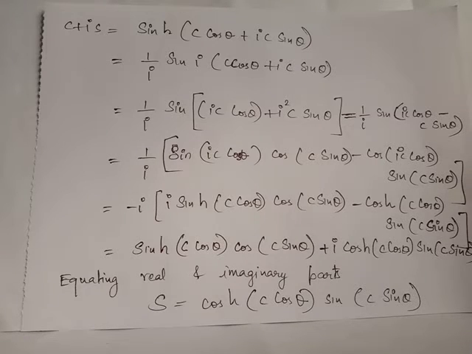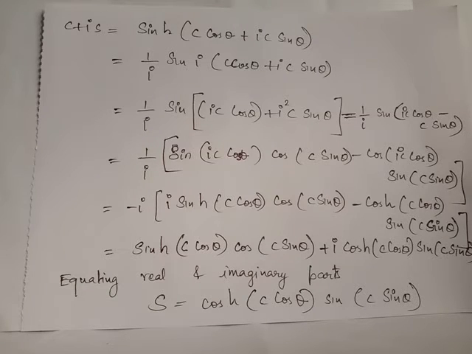Therefore, we replace sinh(c cos theta plus i c sin theta) by 1 by i times sin(i c cos theta plus i c sin theta). We multiply i inside the brackets and we have sin(i c cos theta plus i square c sin theta).